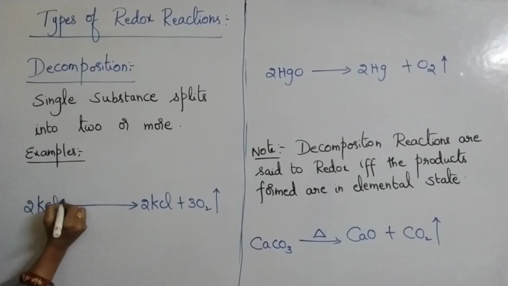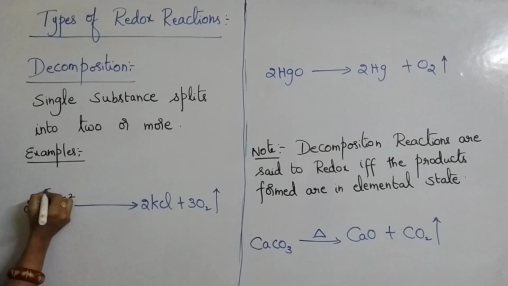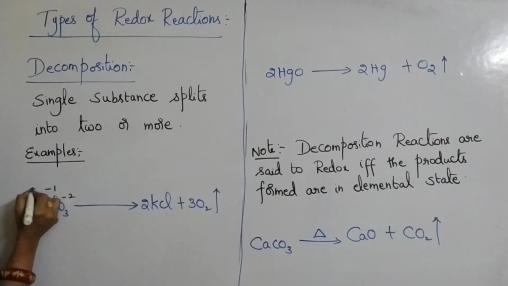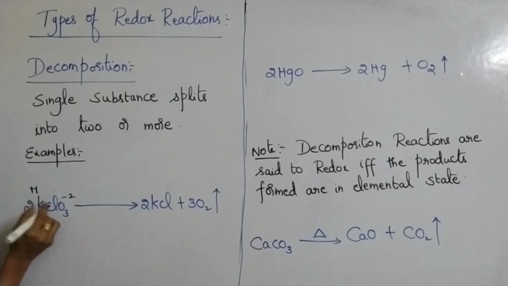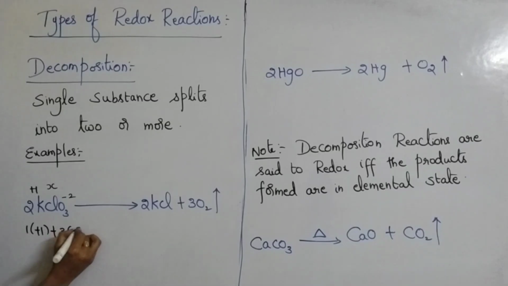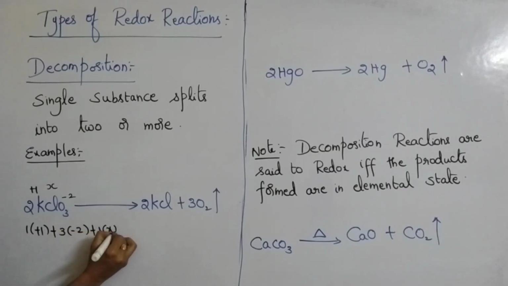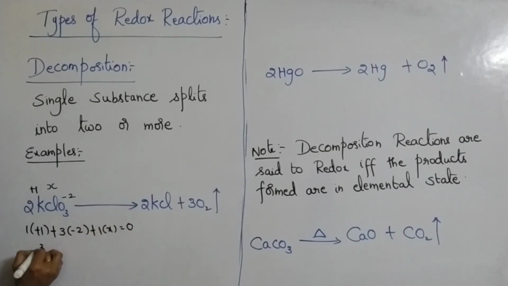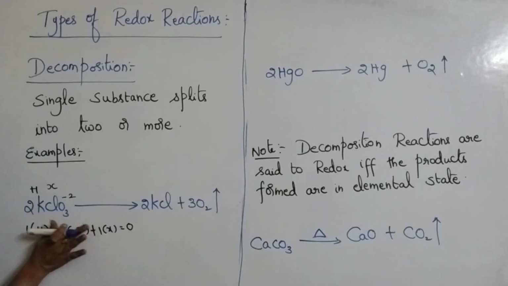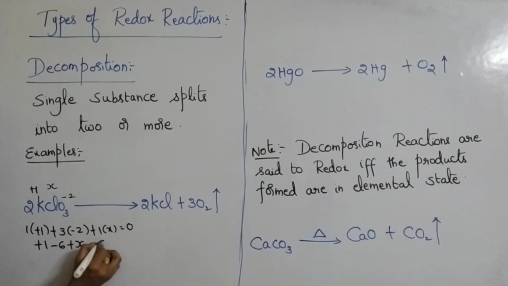Oxygen is minus 2, potassium is plus 1, chlorine we don't know, so let us keep it as X. So 1 into plus 1 plus 3 into minus 2 plus 1 into X is equal to 0. So 1 plus 3 into 2, minus 6, plus X is equal to 0.